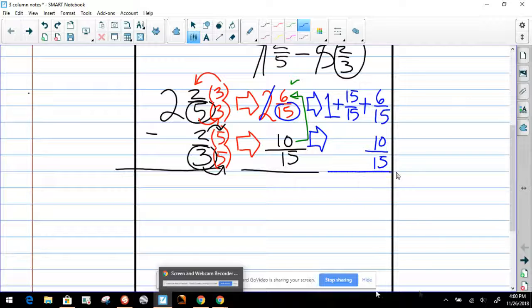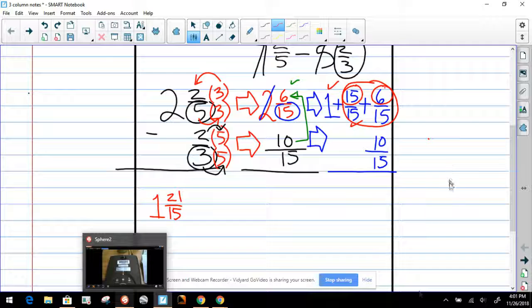Okay? Now, our next step is to bring together the ones that are alike. So if we look at those two numbers, I'm going to rewrite this right here below. It says that we have one left right here, that 15 plus 6 equals 21, and that denominator is the same, which is 15.